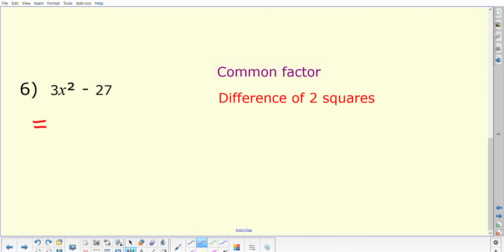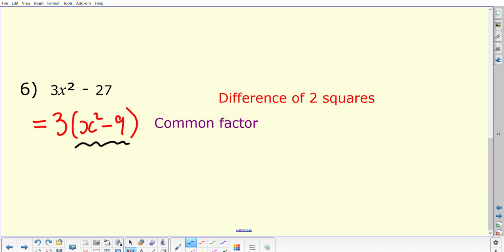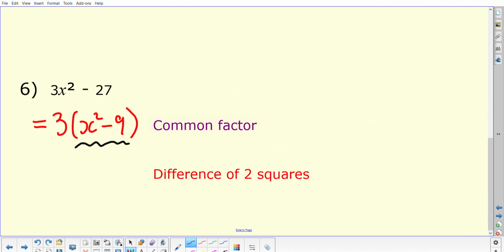So we can take 3 outside the bracket and we get 3 bracket x squared minus 9. But then what I need you to recognise is that this here would be your difference of two squares. So you take out the common factor first, then you do difference of two squares, which means that your next line of working, to make you have x squared minus 9, you would need an x plus 3 and an x minus 3, and that would be it factorised fully.